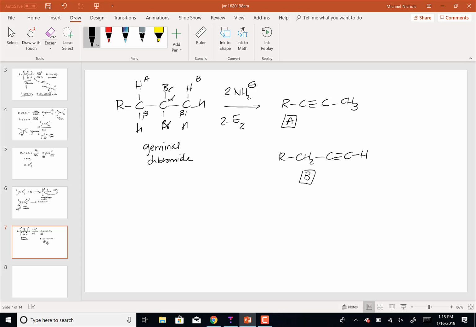When we use tertiary butoxide, remember, NH2 minus gives the most stable product because that's what drives the reaction. When we use tertiary butoxide, what drives the reaction is the difference in transition states.